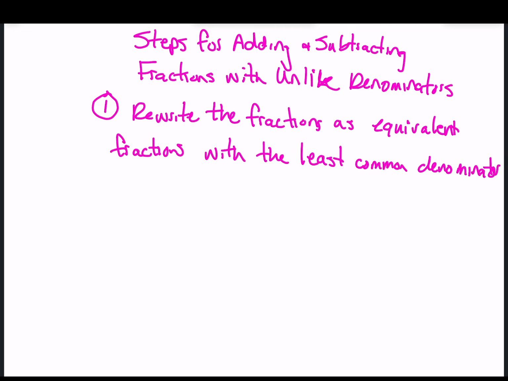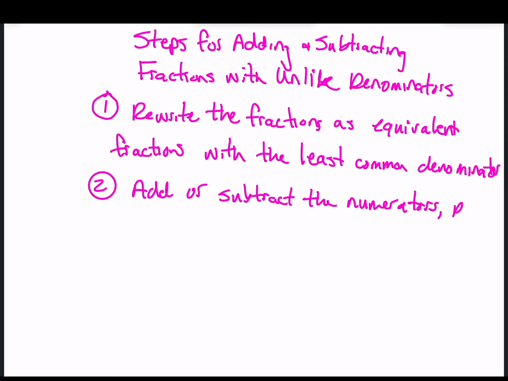And the way we find that is by finding the first multiple where those two denominators are the same. And then once we do that and find equivalent fractions, we can then add or subtract the numerators, putting the result over the found common denominator.